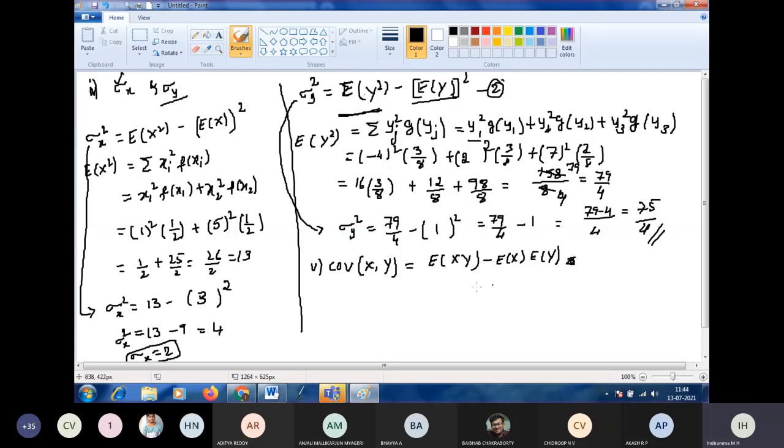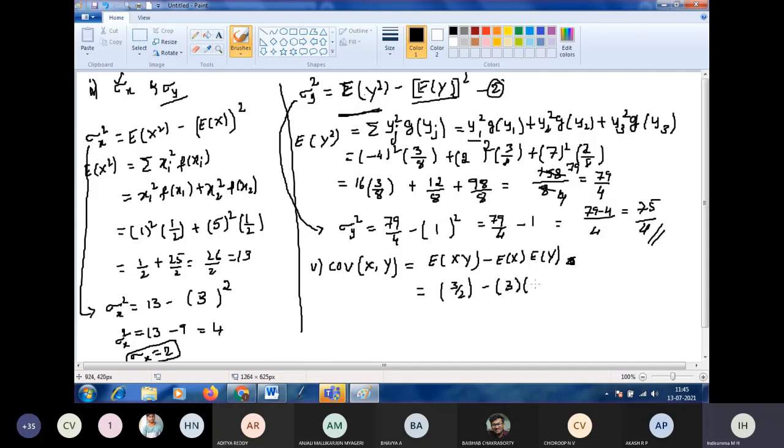Okay, substitute here. What we got? Expectation of xy we found now. What is expectation of xy? 3 by 2. 3 by 2 minus expectation of x, what is it? 3.